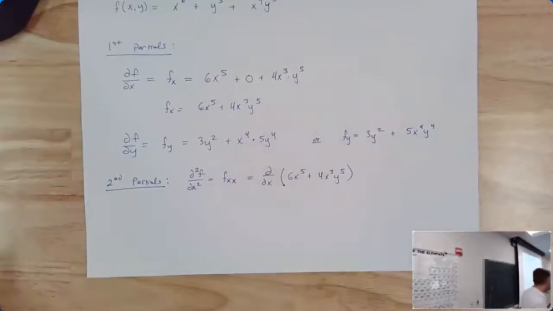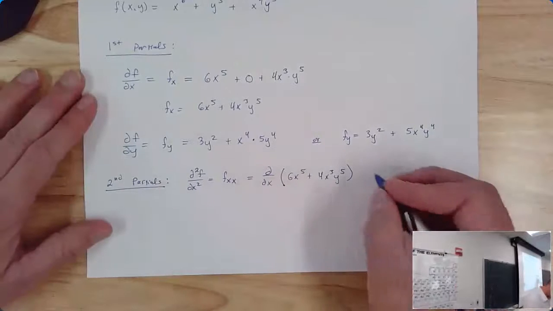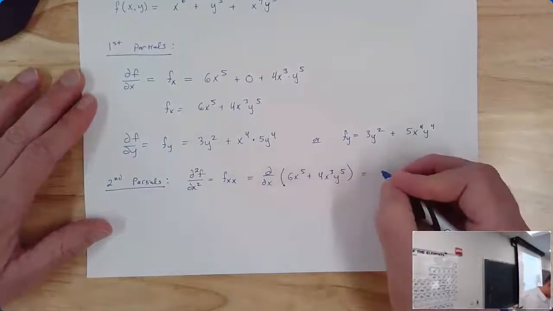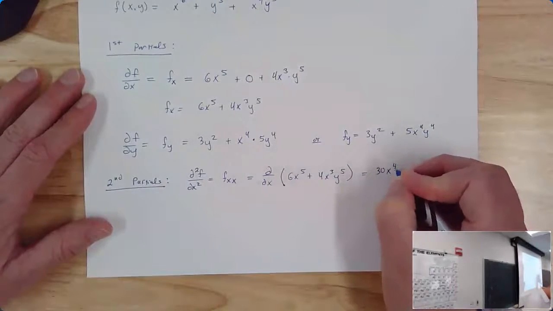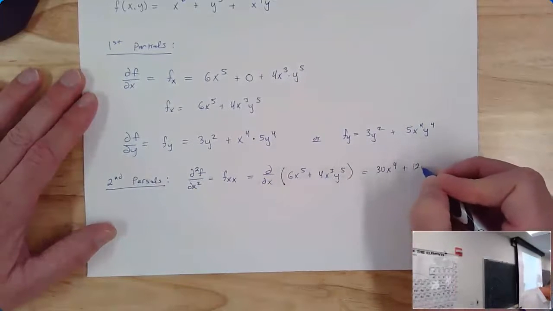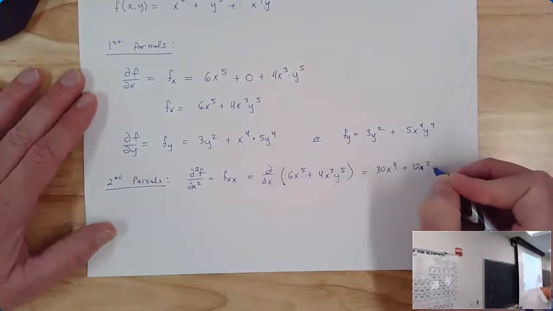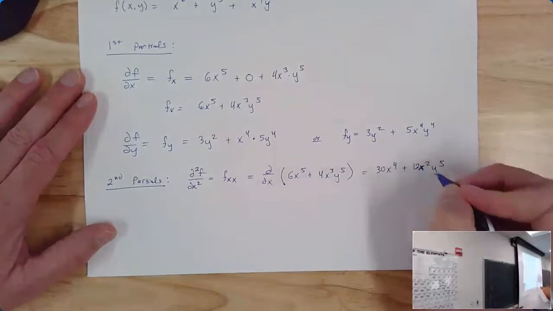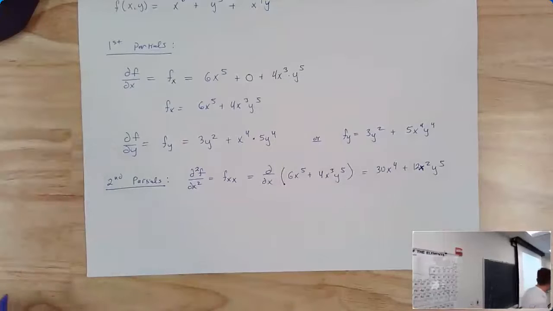I don't think you need to write all this out, right? If I was doing this, here's what I would actually write, so let me finish this first. This is 5 times 6, so you get 30x to the 4th, and then the derivative of 4x cubed is 12x squared. The y to the 5th constant just sticks around. So I get 30x to the 4th plus 12x squared y to the 5th.